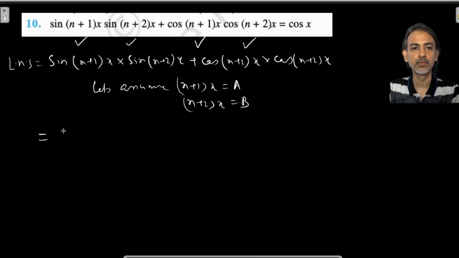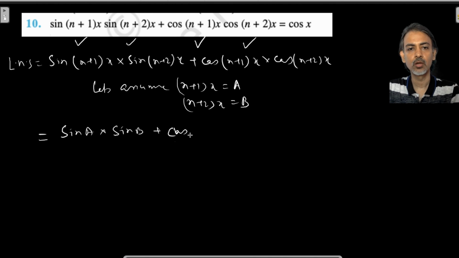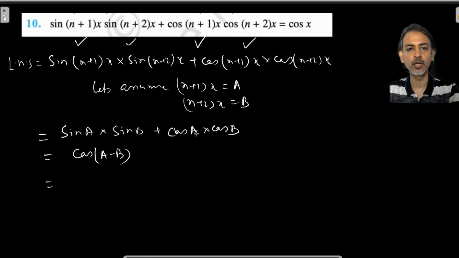This will become sine of a into sine of b plus cos of a into cos of b, which is nothing but cos of a minus b. This is the formula of cos a minus b. So now let's put back the value. Now (n plus 1) into x minus (n plus 2) into x.